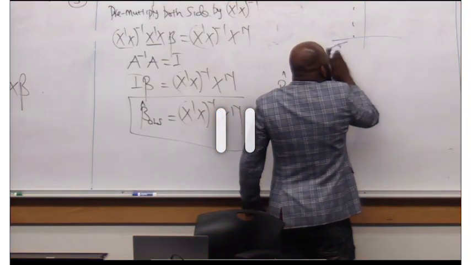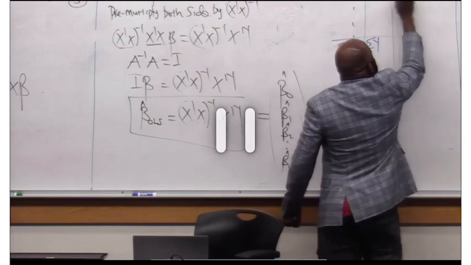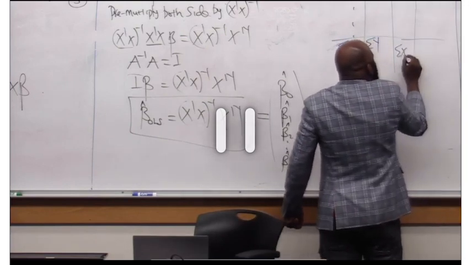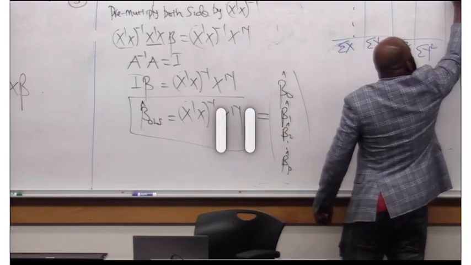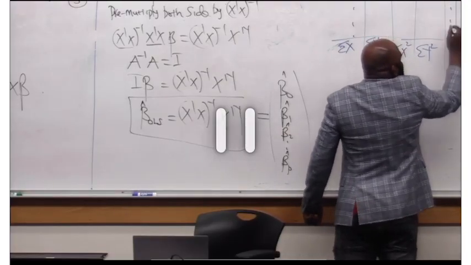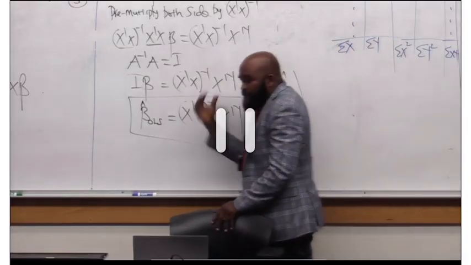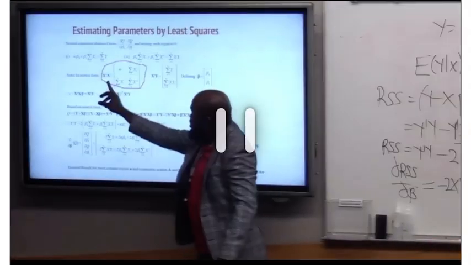The sum of that, I can also get x squared, y squared, sum of x squared, sum of y squared, and of course I can get xy, so the sum of xy.